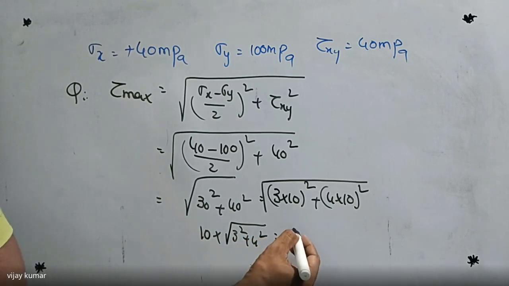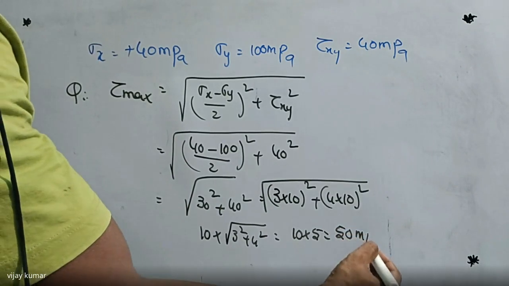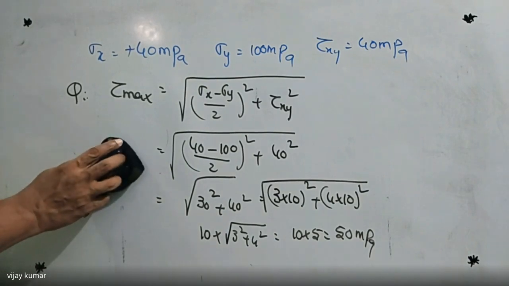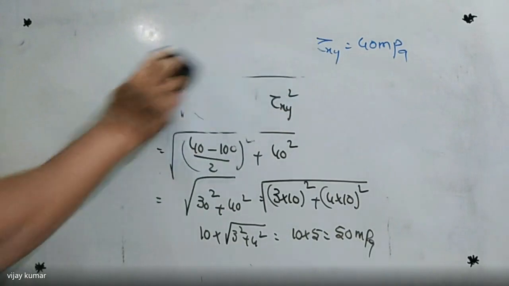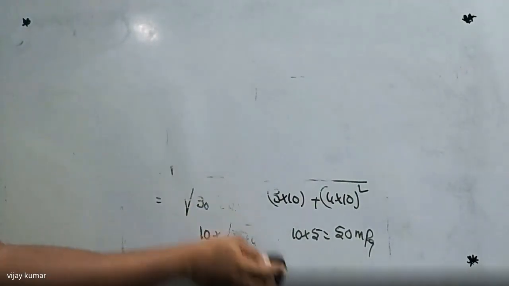Then we get 10 into 5, that is 50 megapascals, the value of tau maximum. Now you got my point or not? This is one example problem on biaxial shear which is given in the GATE examination. And one more question is given in the GATE examination. Please take care about that case also.